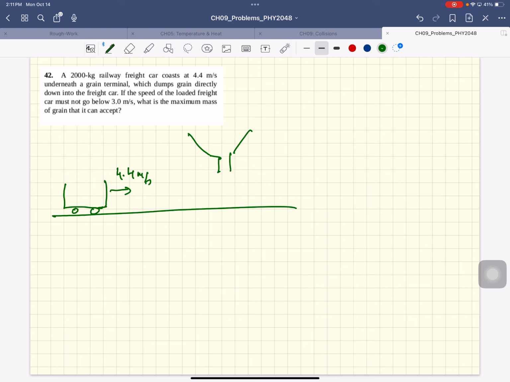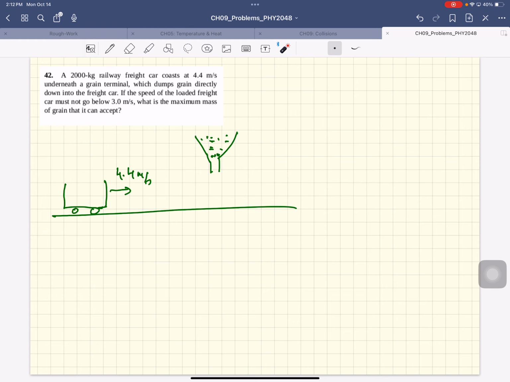So here's a grain chute. So here's an empty car that comes in. When the car is underneath the chute, grain is dumped in, and then this car keeps going.